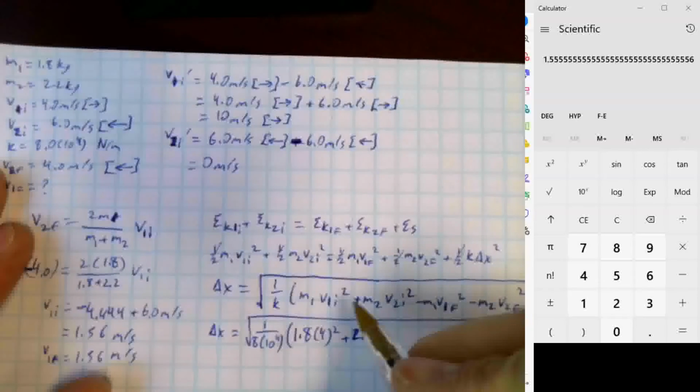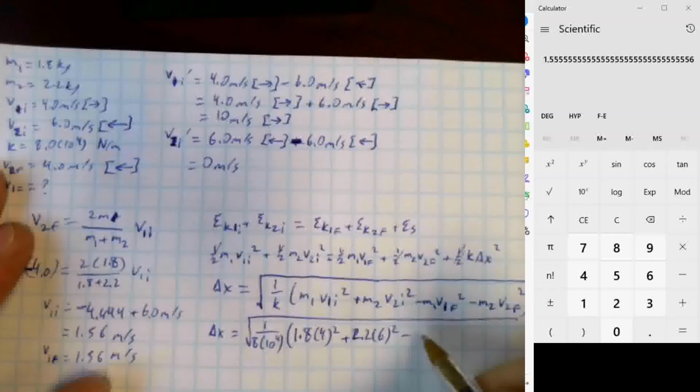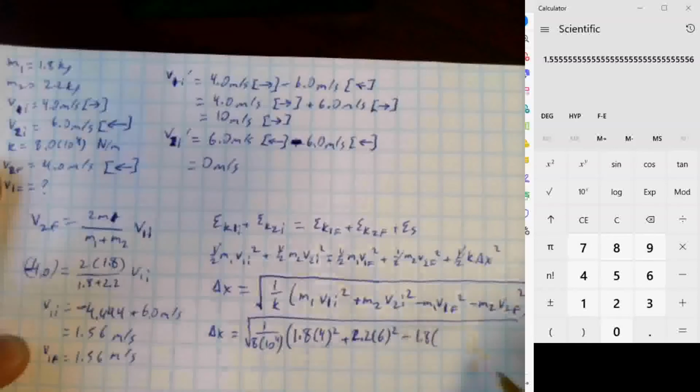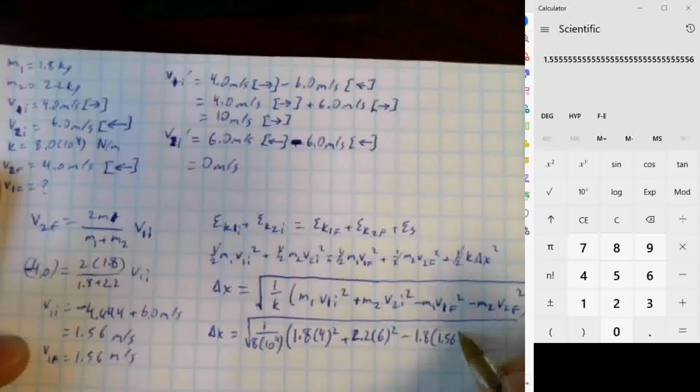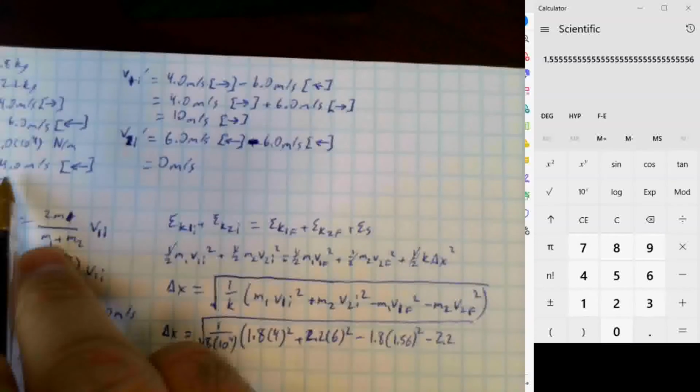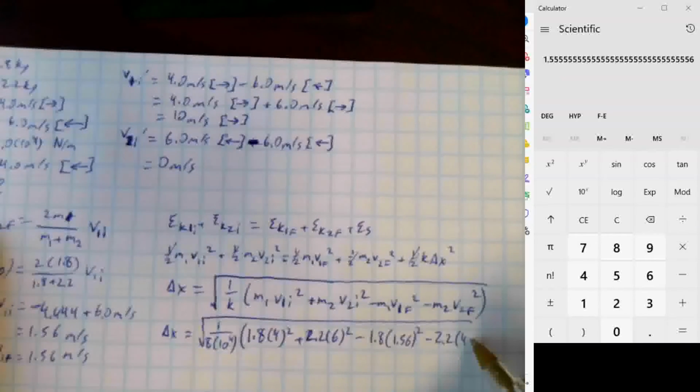Using this one, I have 6 minus 1.8. My V1F is this value, 1.56 squared. My M2 again is 2.2, and my V2F was 4.0 squared.